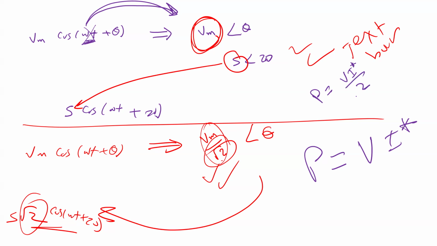This V here is V maximum, and here I maximum, divided by 2. But if you look here, this V maximum is already divided by square root of 2, and this I maximum is divided by square root of 2. So actually the two are going to be the same.